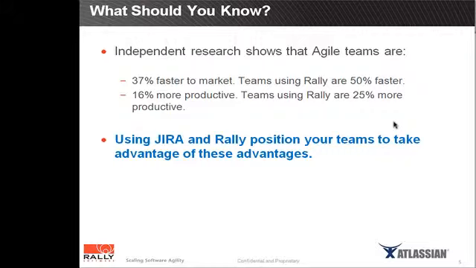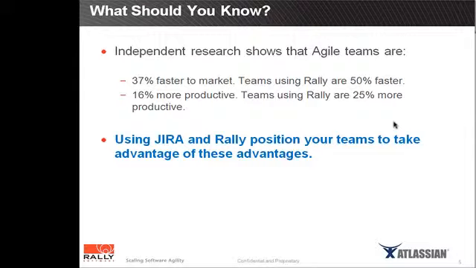So the other thing we should know is about Agile. Just for those who don't know about Agile development, it really is a development methodology that encourages faster development cycles and closer collaboration between teams. There's some good independent market research that shows Agile teams are 37% faster to market and 16% more productive.